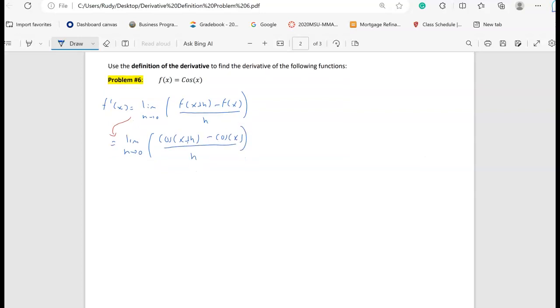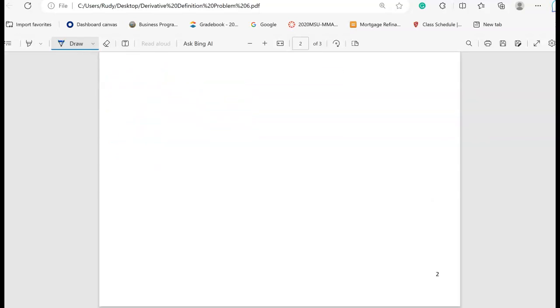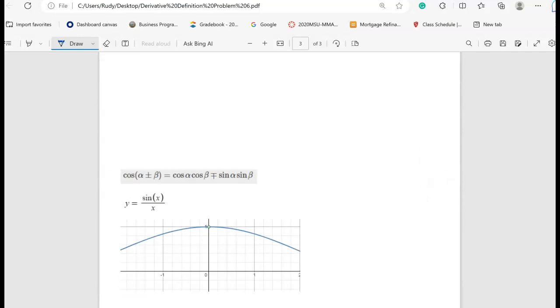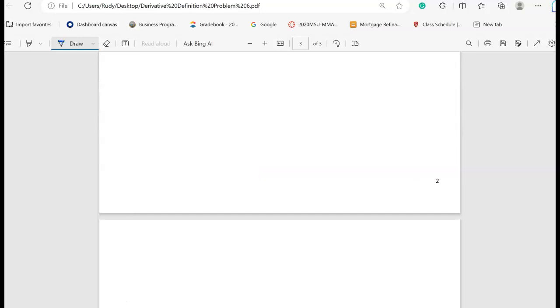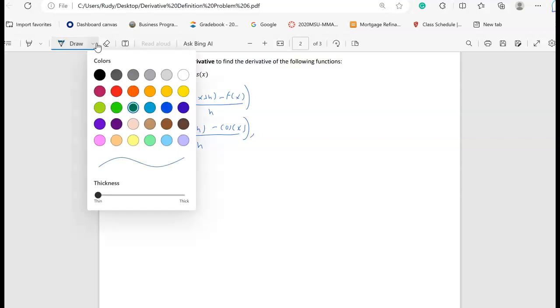Now, for this particular one, we're going to use an identity. I've put the identity here, and we have the top, so you're going to have cosine of the first value times cosine of the second value, minus the sine of these two. Let me write it up so that it's clear the identity that we're using, and in this case, let me do it in green.